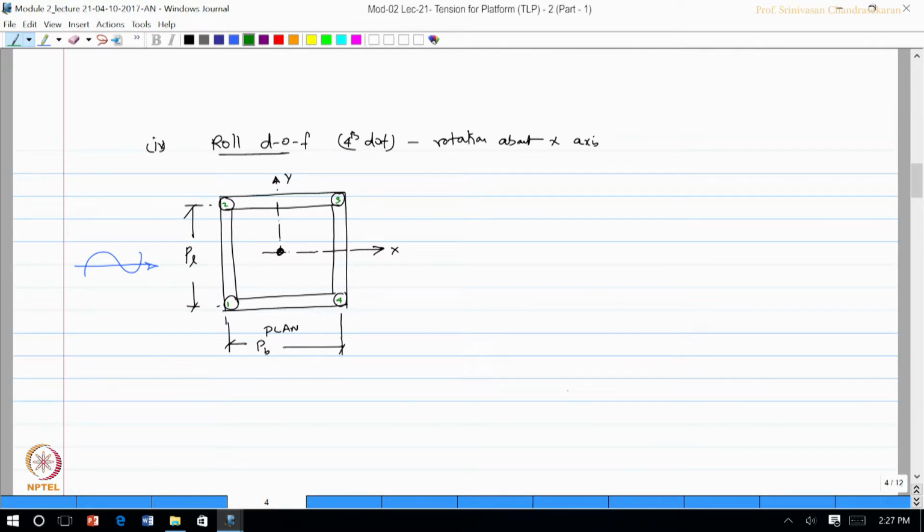We all know that roll is rotation about the x axis. So, I want to rotate it about the x axis. Let us view this object from this direction and draw it here. Originally the elevation will show the column members, then the top deck and the bottom pontoon.